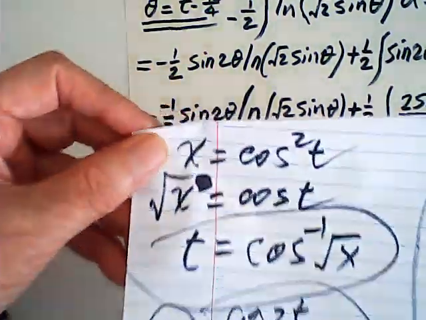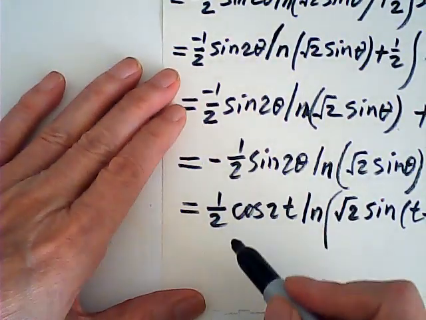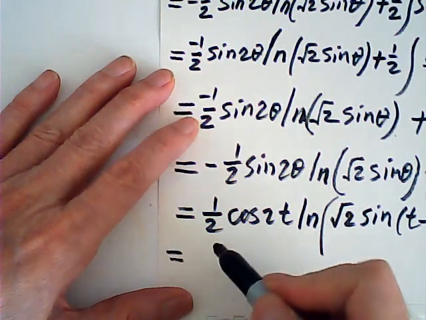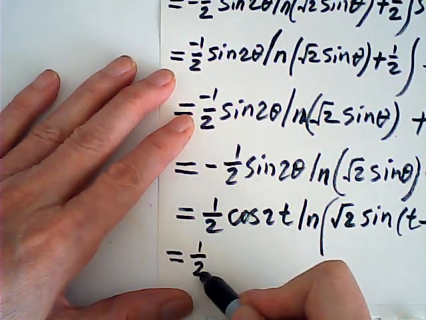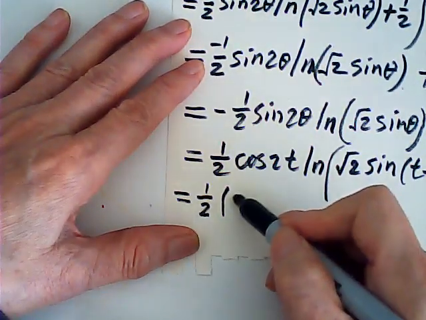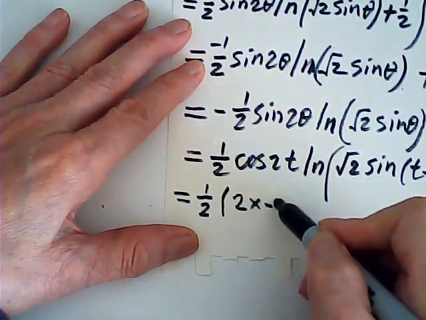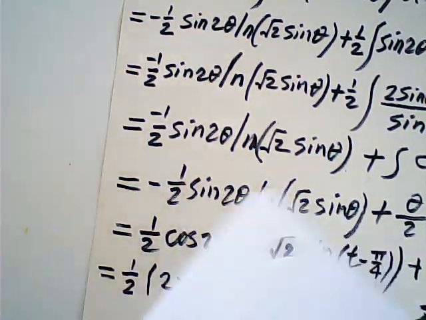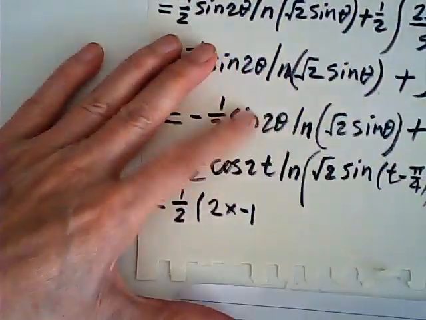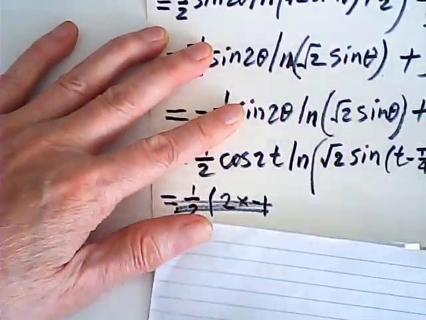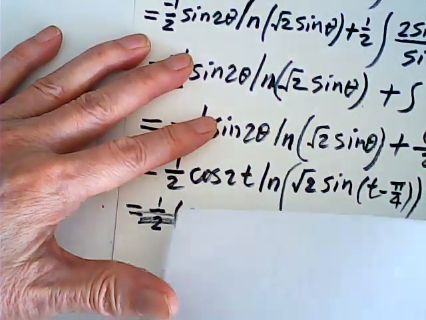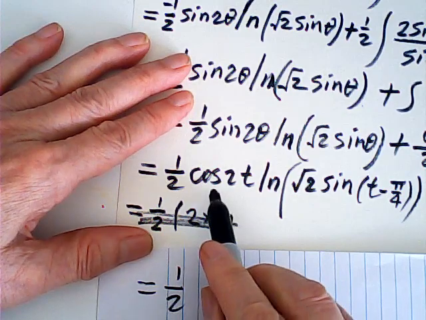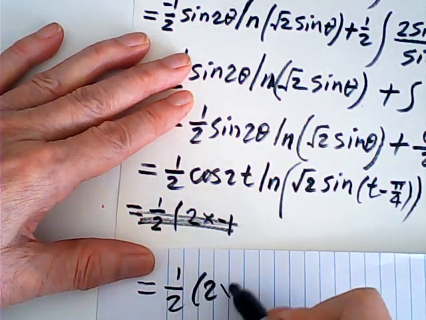So cosine 2t is 2x minus 1. So this one is equal to 1/2, 2x minus 1. So this one is equal to 1/2, and cosine 2t is 2x minus 1.